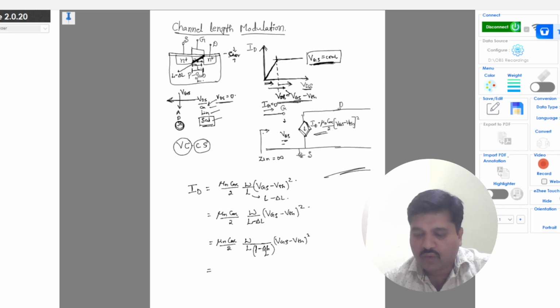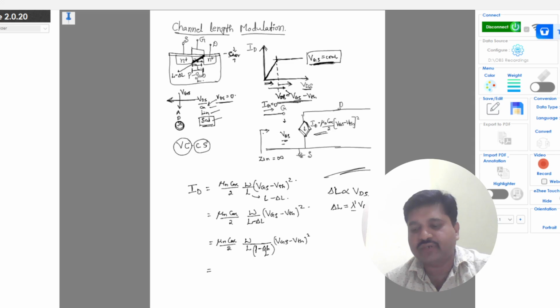Now what happens with the denominator term we have, 1 minus delta L by L. This delta L, the change in the channel length, is directly proportional to VDS. It is a function of VDS. So the proportionality constant is given by lambda dash, and delta L equals lambda dash into VDS.